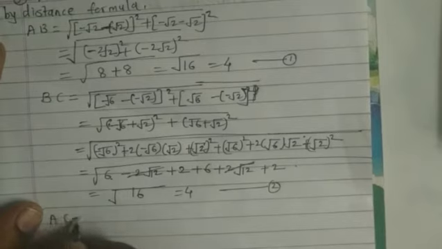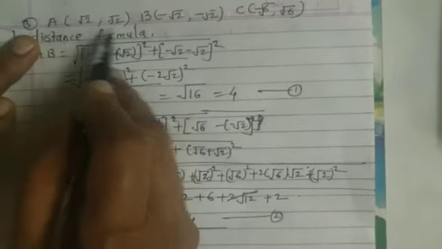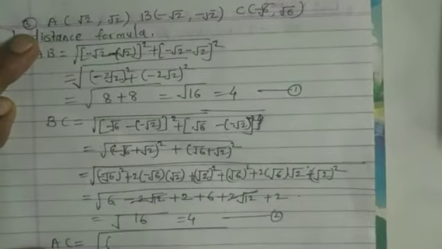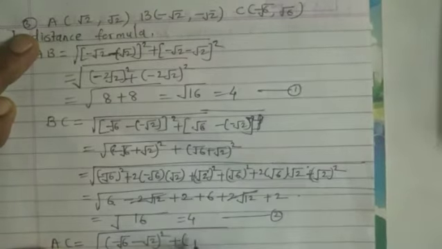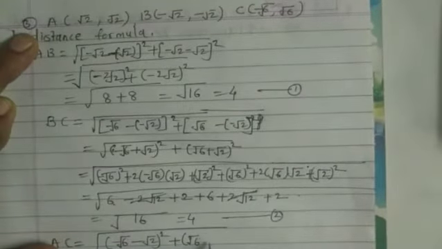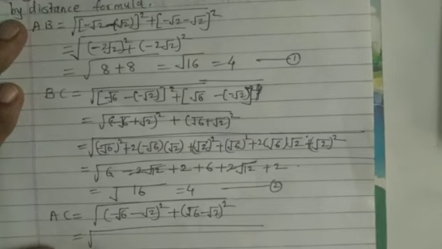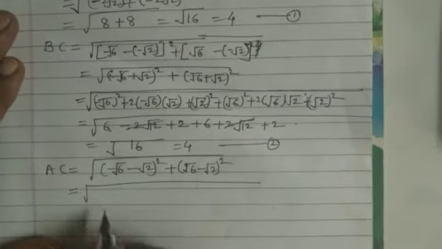Now we find the third length AC. A point is 2 root 2. This is, suppose, the second point, minus root 6 minus root 2 bracket square plus y2 is root 6 and y1 is root 2, means minus root 2 bracket square. Again we simplify it by using a minus b bracket square.